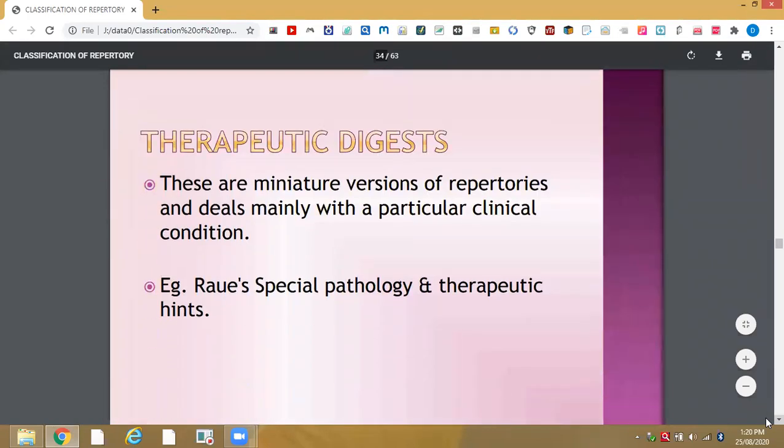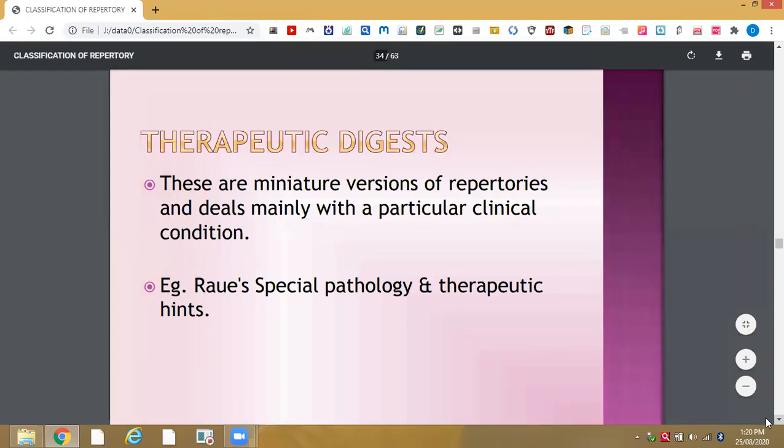Then the therapeutic digest. These are miniature versions of repertories and deal mainly with a particular clinical condition. It means when we have a particular clinical condition, then we use the therapeutic digest. What is a therapeutic digest?